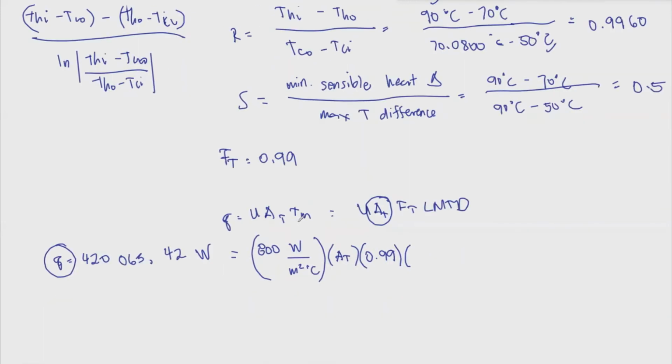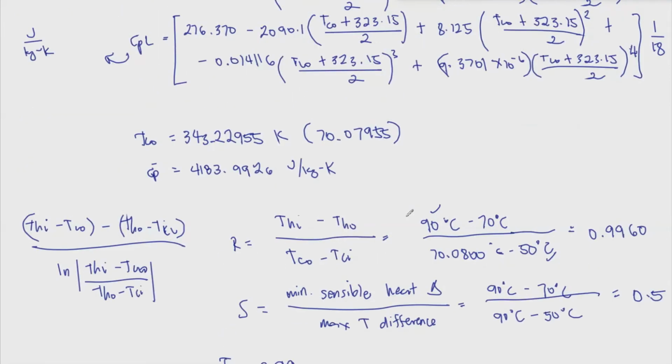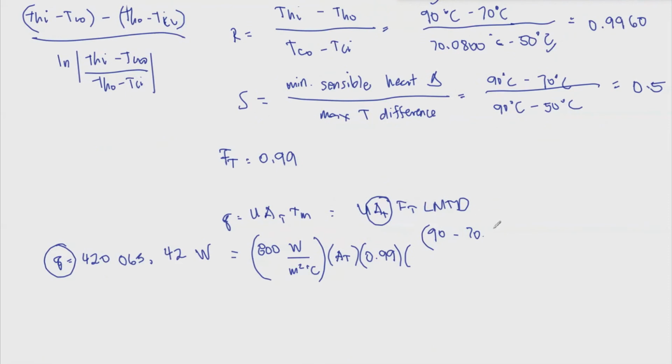Okay. So in this case, I have the inlet temperature, which is 90, and then minus 70, and then minus THO, that's 70 again. The outlet temperature is not 70 but 70 point something. So that's 70.0800, and then THO would be 70 minus 50.